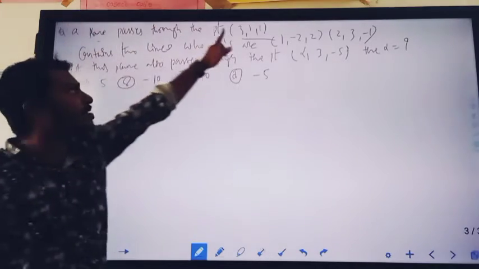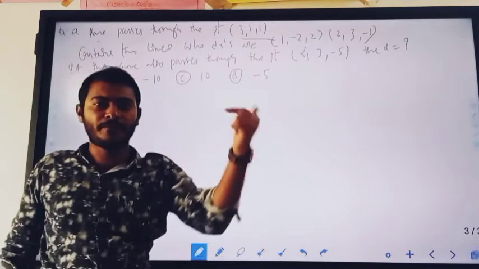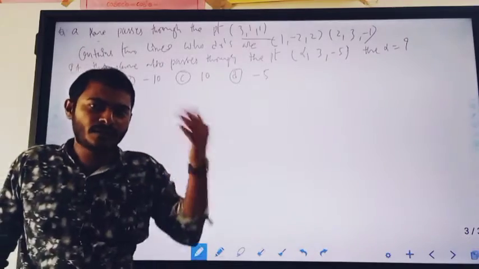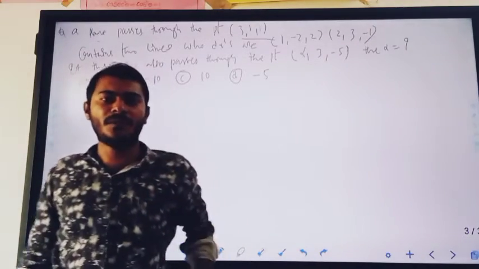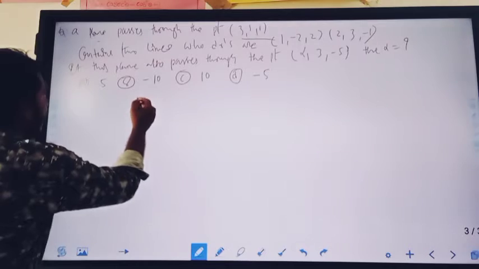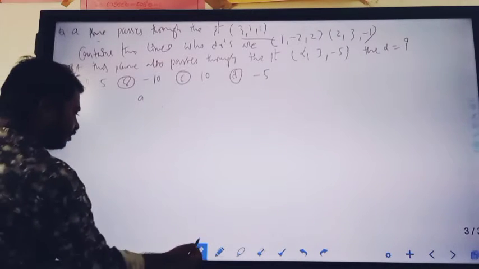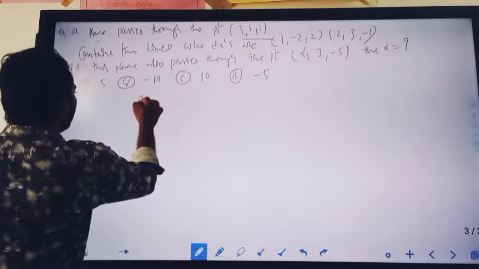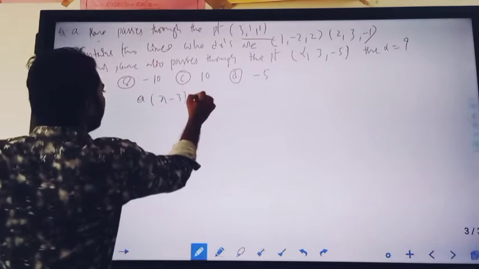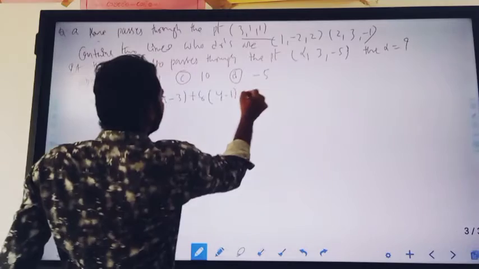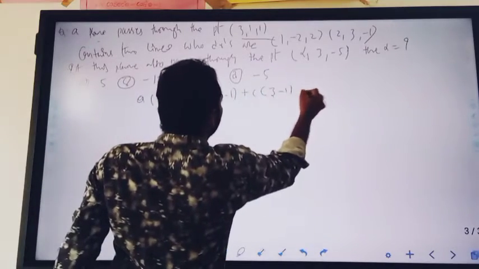A plane passes through 3, 1, 1. So if a plane passes through a point and the direction ratios are normal to the plane, then the required plane is a into (x minus 3) plus b into (y minus 1) plus c into (z minus 1) equal to 0.